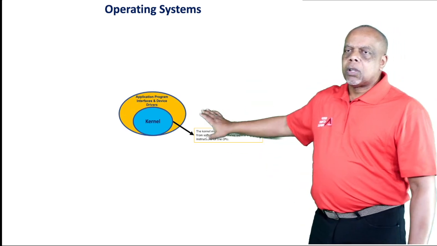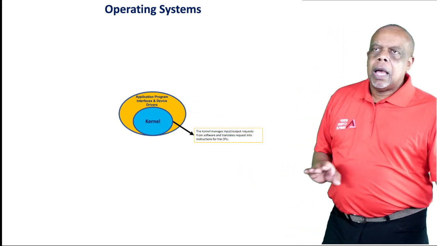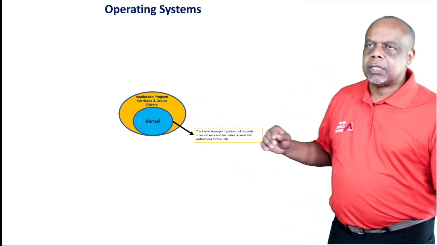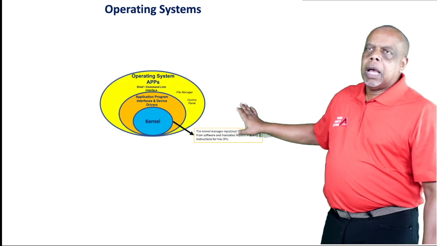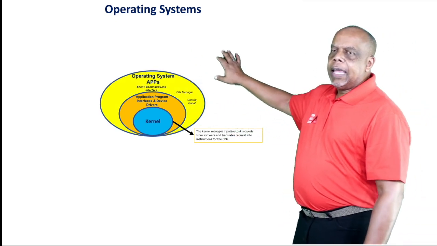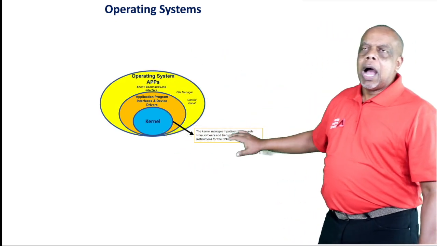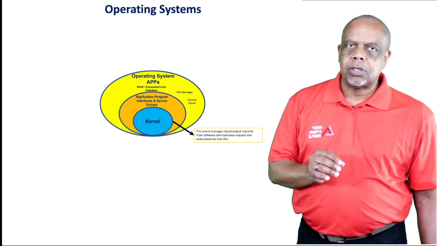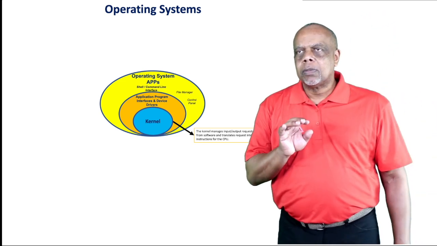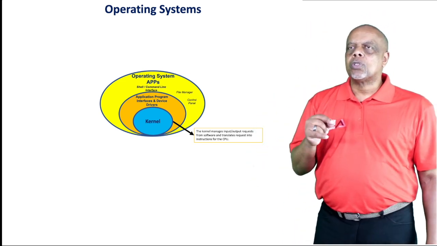Now, outside of that kernel, that's where we have what we call APIs, application program interfaces, and drivers, device drivers. Then on the outside of that core, we have our operating system applications. What I mean by this, please don't get these confused with user applications.